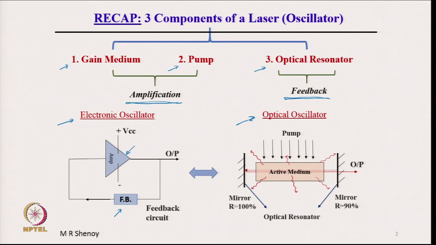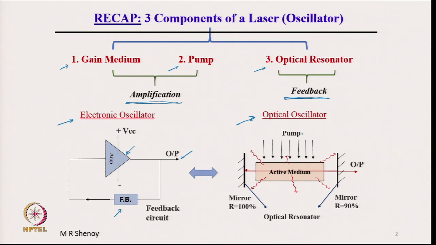This results in a steady state oscillation, and the output comes from here. Depending on changes in the feedback conditions, the output frequency can be varied. Similarly, in the case of an optical oscillator, there is an optical source. Oscillator here refers to the source.